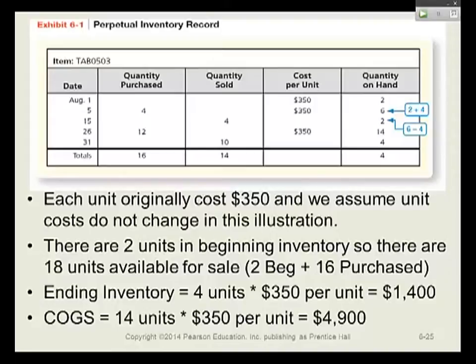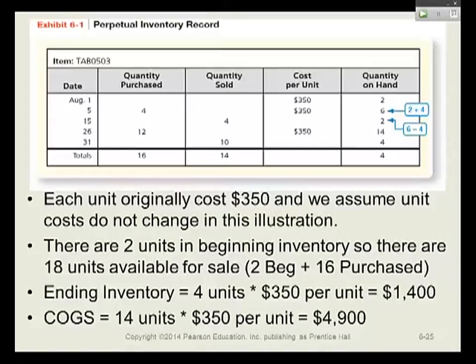Your investment in inventory is about $6,300, and the 14 units that you sold are going to be $4,900, and the ending inventory is 4 units at $3.50.